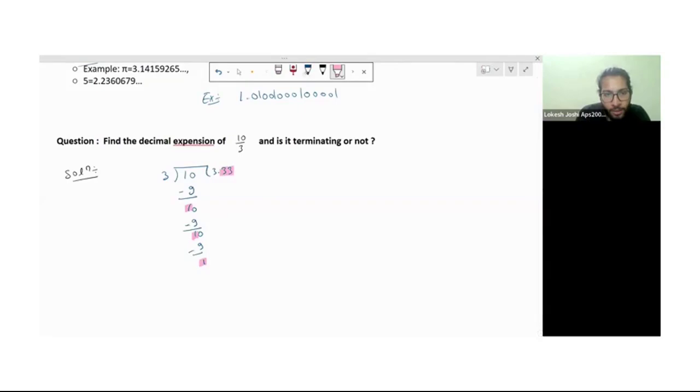So we can directly say the decimal expansion of 10 by 3 is equal to 3.33, and it goes on. If some fixed value is repeating again and again, we write the bar over 3. The bar denotes that 3 is repeating many times. So we can write 10 by 3 is equal to 3.3 bar.